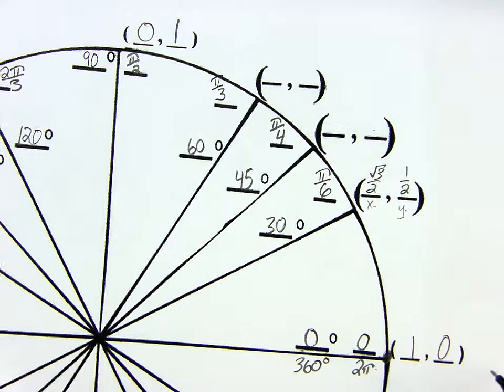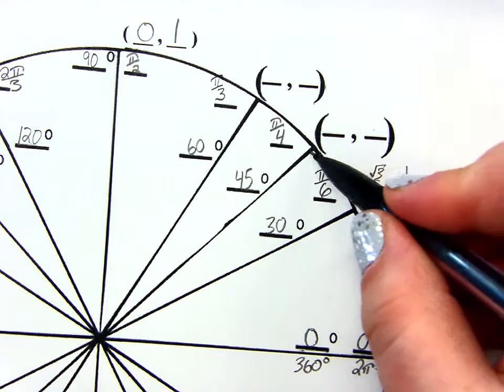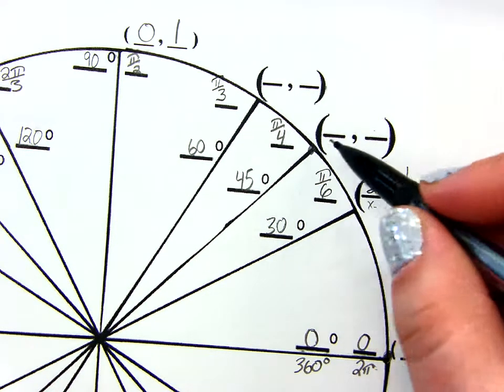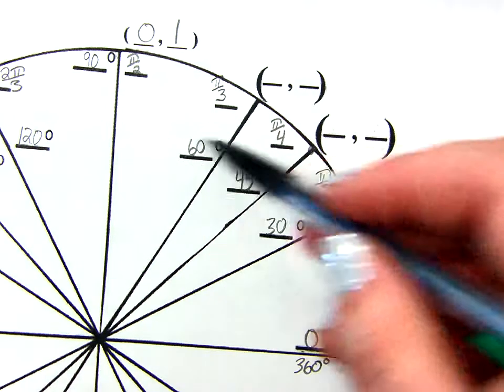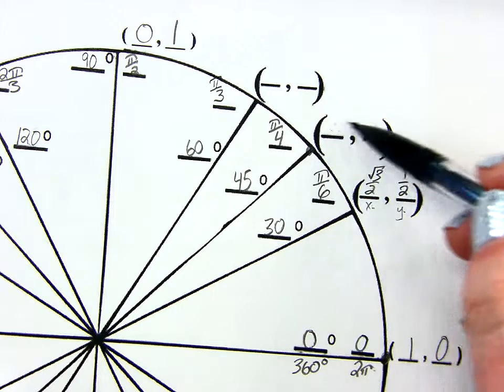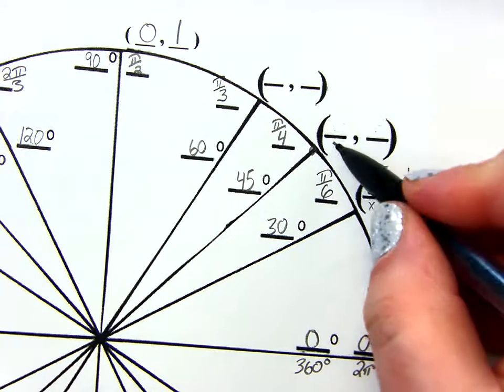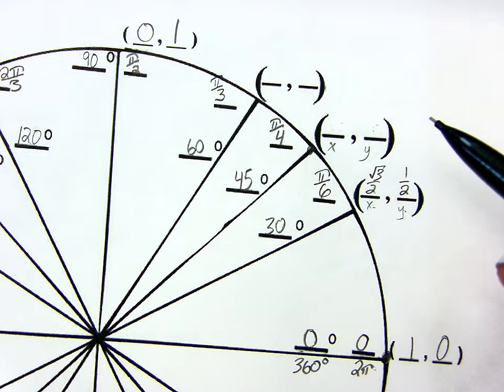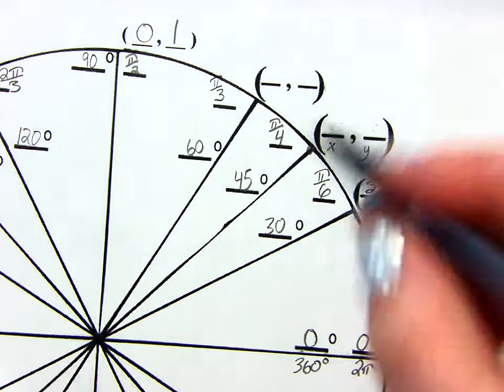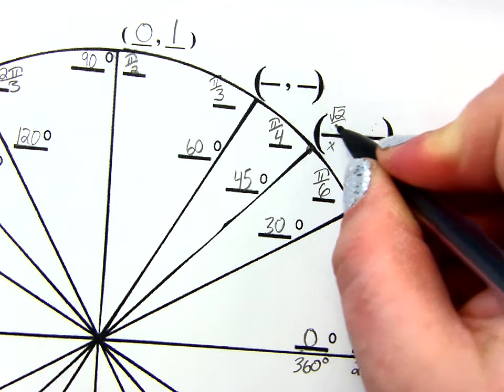Now, what do you expect will be true about this point at the 45 degree? They should be the same, right? Because this really creates a square. So x and y should be the same. So I should be able to look at sine or cosine of 45, and they are both the same. They are both root 2 over 2.